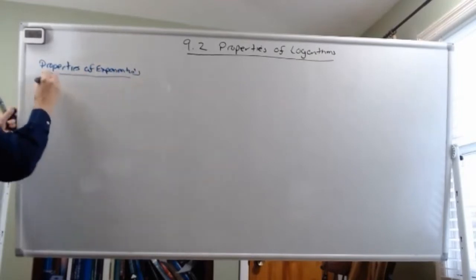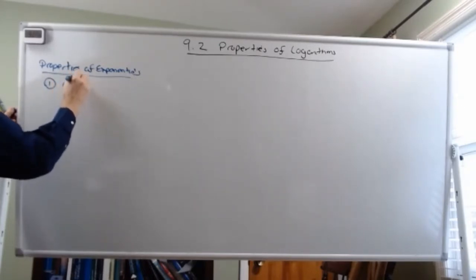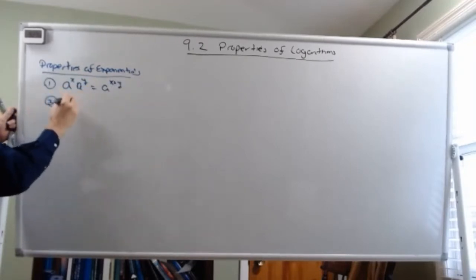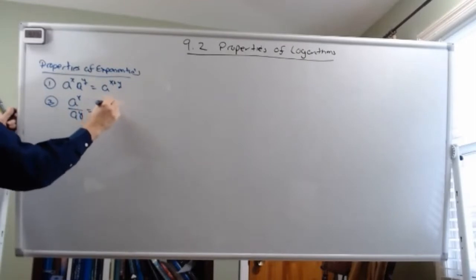And those are as follows. I'll put them in the order I put them in the book. Sometimes you see them in different orders. And we use x instead of n and m. You can add the exponents. Or if you're dividing, as long as it's the same base, you subtract the exponents.